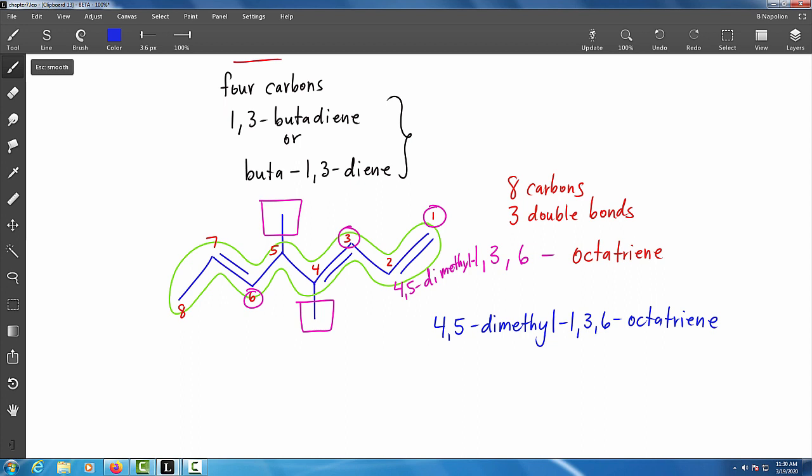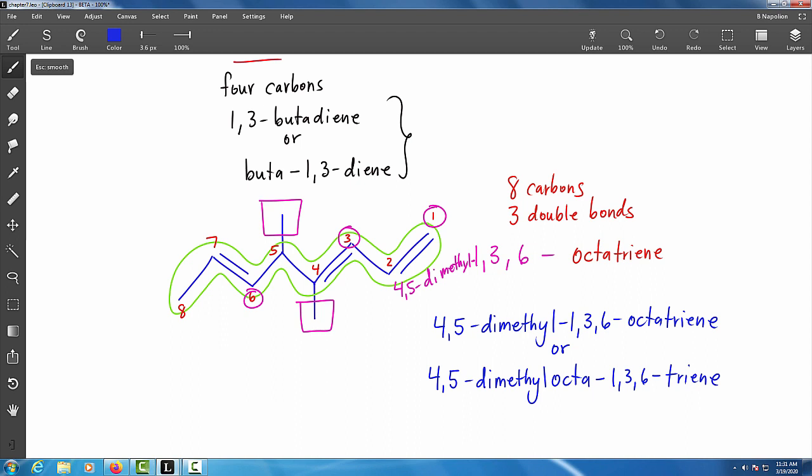Okay, so that would be sufficient. Or I could write 4,5-dimethylocta-1,3,6-triene. Okay, so both of those notations would correctly represent that molecule.